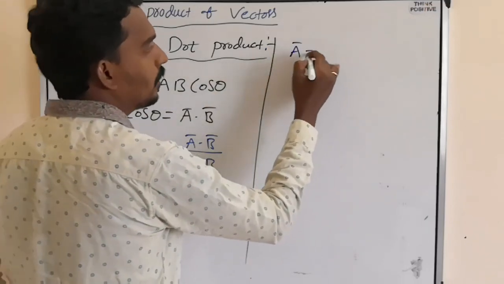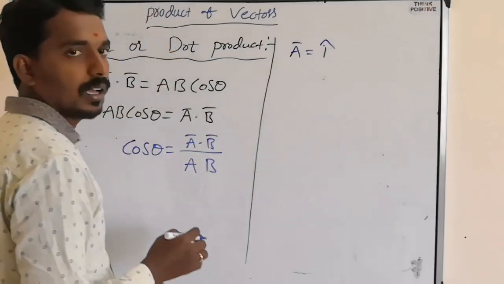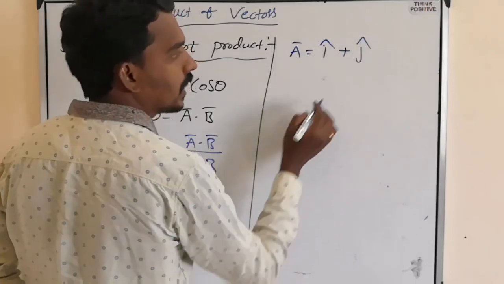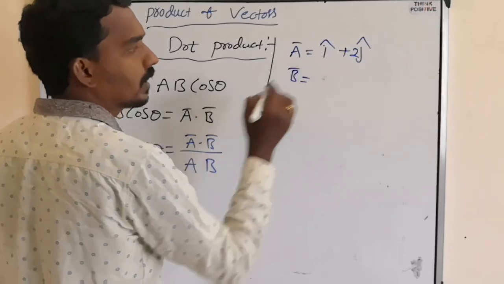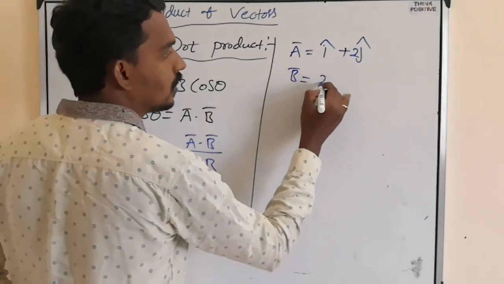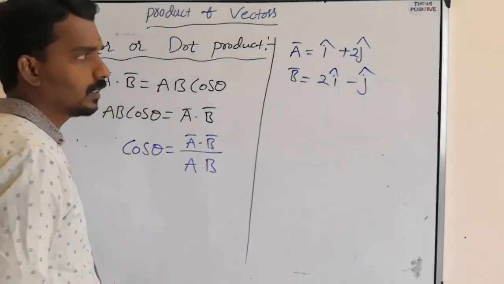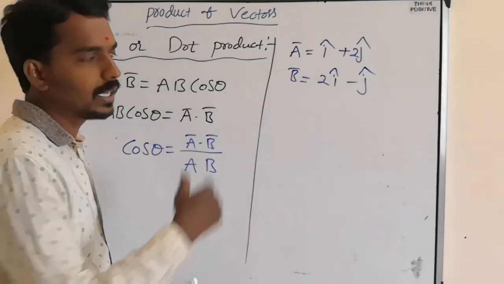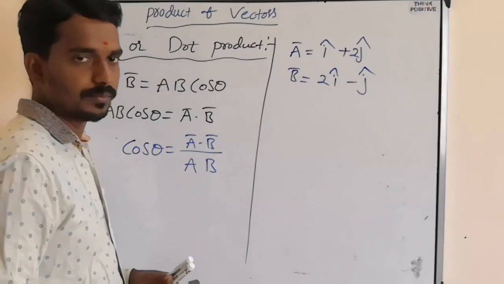Let's take a bar equal to i cap plus 2 j cap, and b bar is 2 i cap minus j cap. These are the two vectors. K may be there, may not be there, don't worry. If k is there, consider k also.